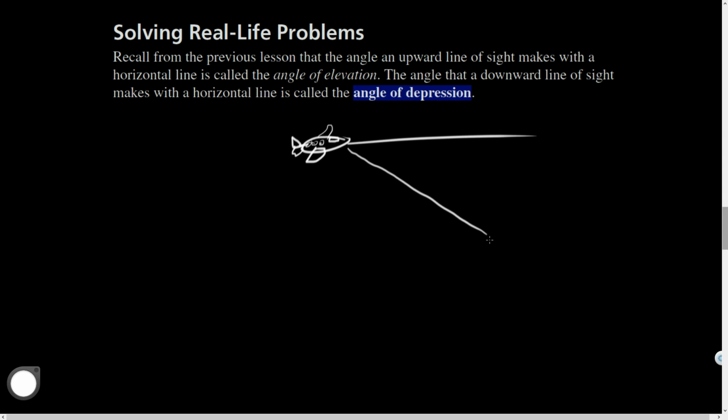So let's say this airplane is looking at an amazing house that was hyper-realistic. Like so. The angle of depression would be this angle right there. So that's the angle of depression versus an angle of elevation, which is if you're looking up at something. Depression is when you're always looking down on life.